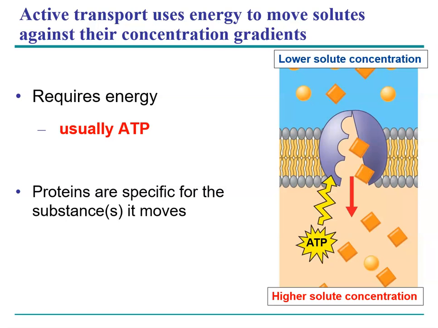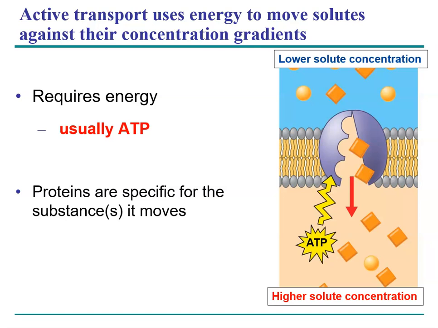And so what's happening here is you see in this, instead of time, this is like a sodium potassium pump that actually can take on two different types of molecules. But if you just focus on the one that's appearing to go through now, the orange diamonds, they're moving from low to high concentration.